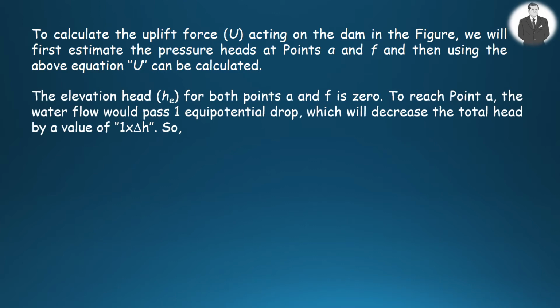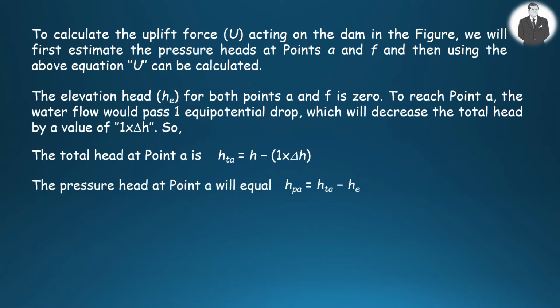The elevation head for both points A and F is 0. To attain point A, the water flow would pass one equipotential drop, which will lessen the total head by a value of 1 times delta H. So the total head at point A is equal to H minus delta H. The pressure head at point A will equal, in this case, HTA minus HE.